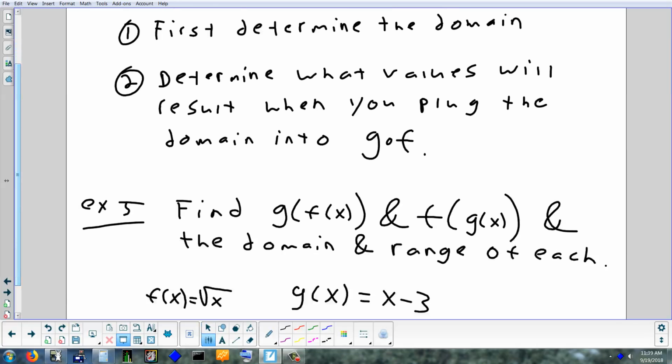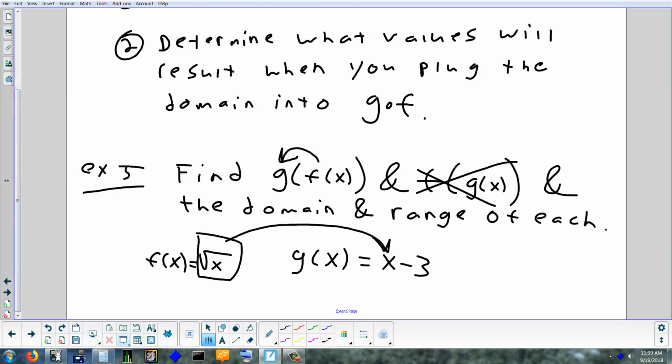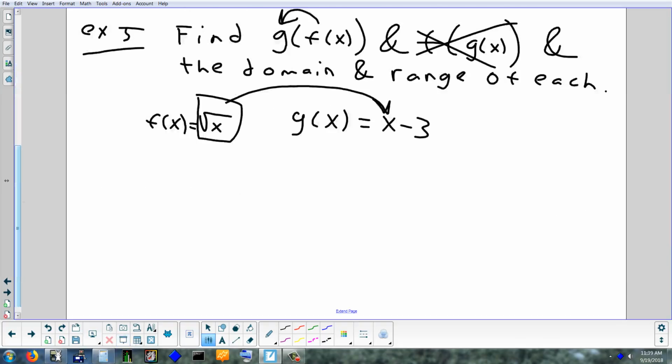Which way do you want to try to do it? g of f. So we're just going to do the first one. All right. So we're plugging f into g. Okay, so let's just write that out and see what we get.